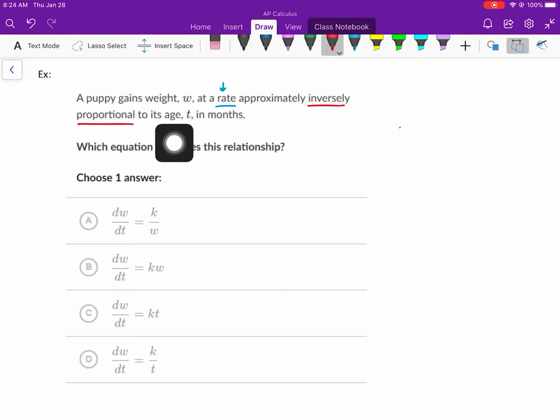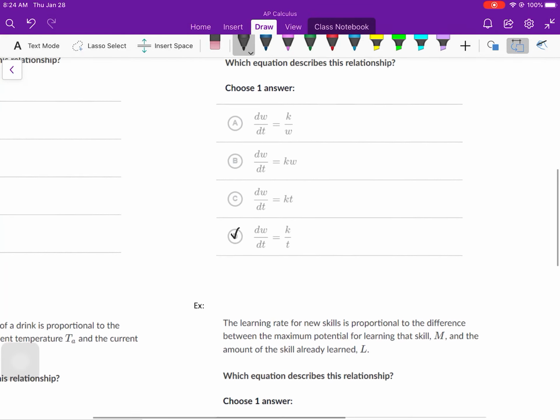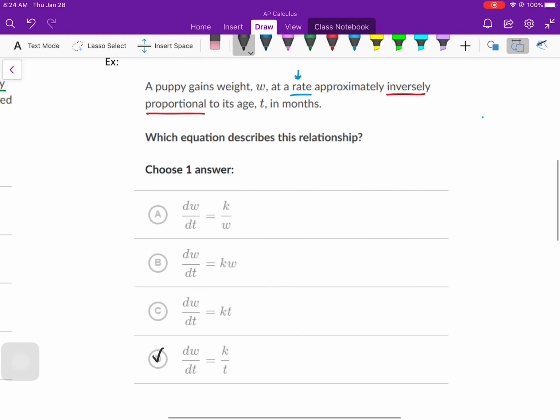And it's inversely proportional. I don't see a square. That's why we had s squared before, because it said it right there, the square of the distance. This just says the age, t months. So that's going to be k divided by t. So just be careful with that.